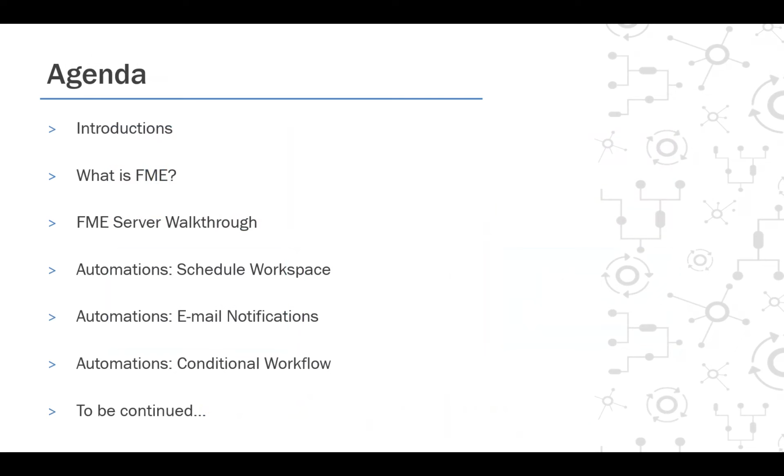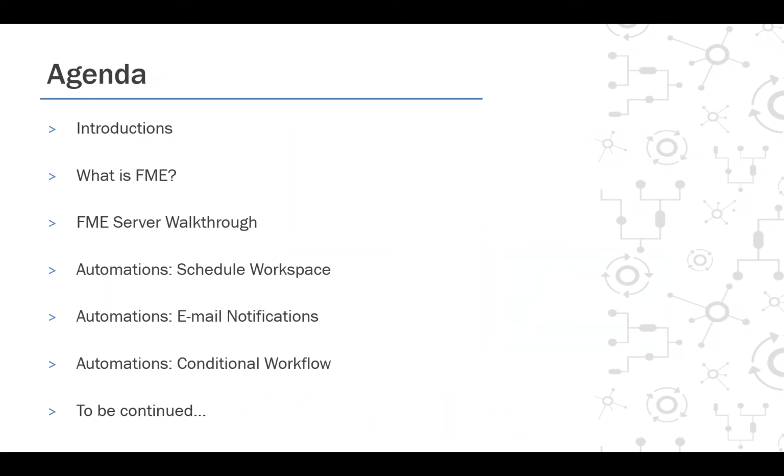All right, hi everybody. I'm here with Alexi. I'm going to be mostly giving the presentation, but sometimes he's going to chime in with some questions and comments. So we're done with introductions. We're going to take you through a bit about what is FME, since we are in the intro webinar. We're going to do an FME Server walkthrough, so to take a look under the hood, what's in FME Server, what can you do with it, and then we're going to get into some demos with the new automations functionality.